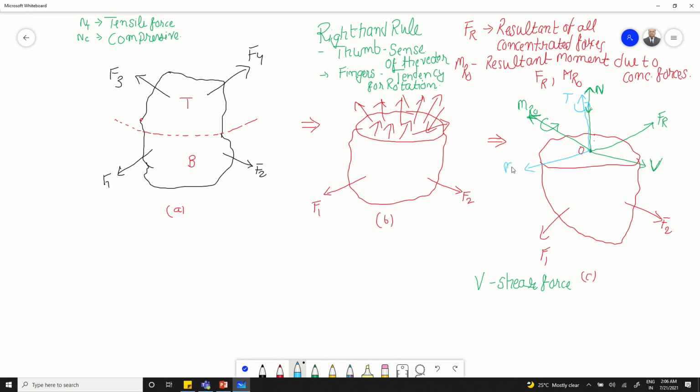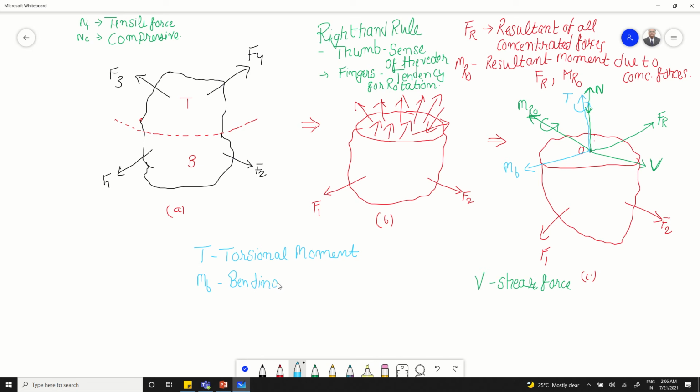We call this MB, the bending moment. So T is the torsional moment, and MB is the bending moment.